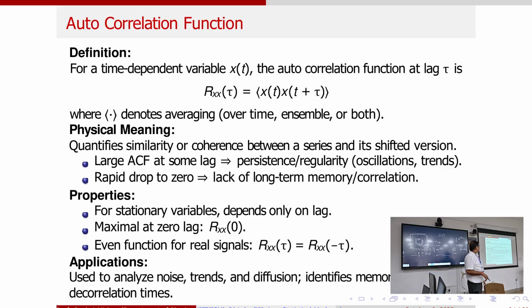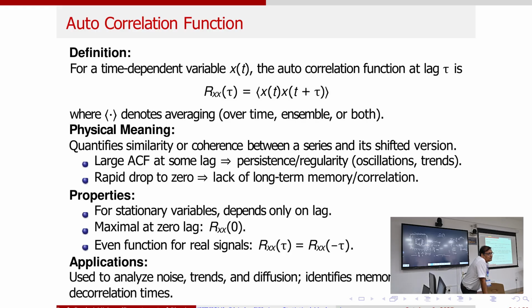You can take the average over time, or over the ensemble, or both. These two things come into the picture. And what information do they give?